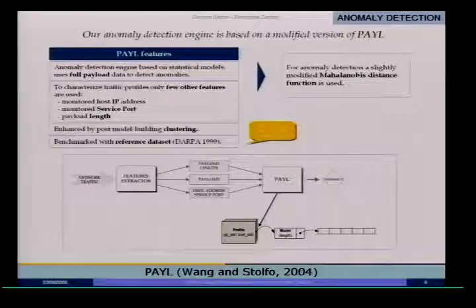PAYL works with models, and each model is classified by the network IP address, the destination service port, and the payload length.